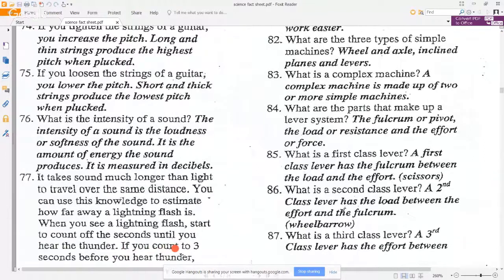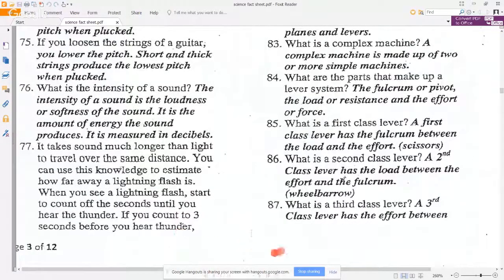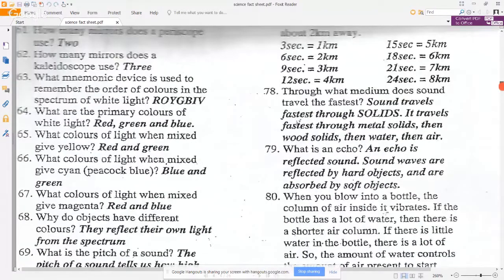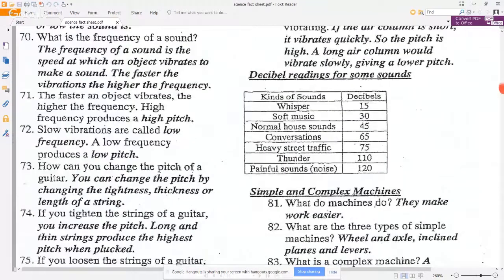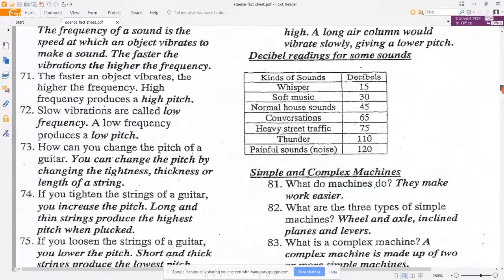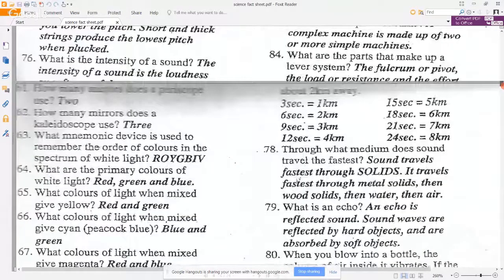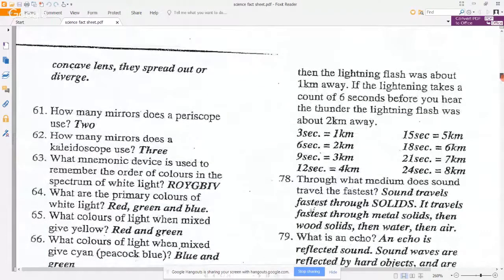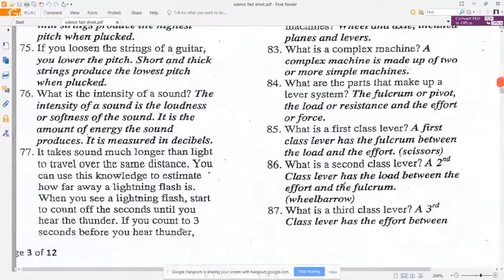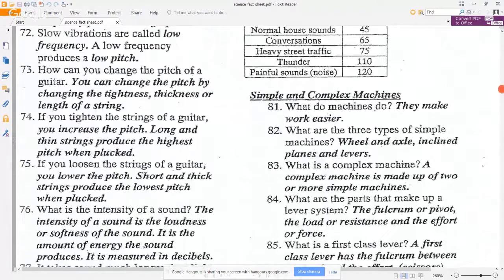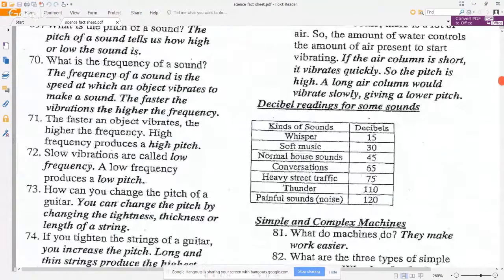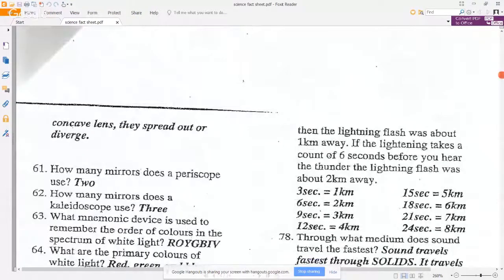If you count 3 seconds before you hear the thunder, then the lightning flash was about 1 kilometer away.